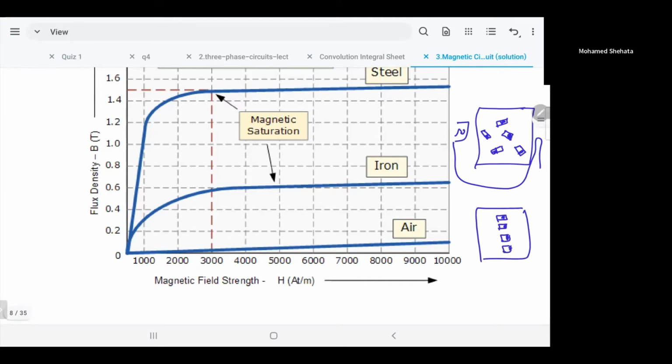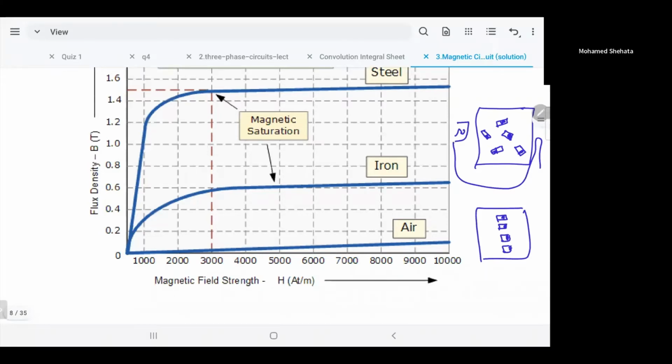So every time you increase the current, you increase the number of dipoles aligned according to the magnetic field direction. But when they reach the point where the dipoles are already aligned in one direction, it doesn't matter if you increase the current, because that's it. Most of the dipoles are aligned.